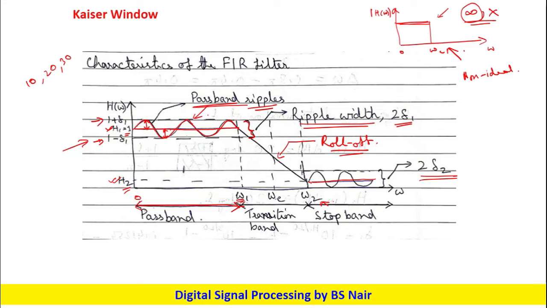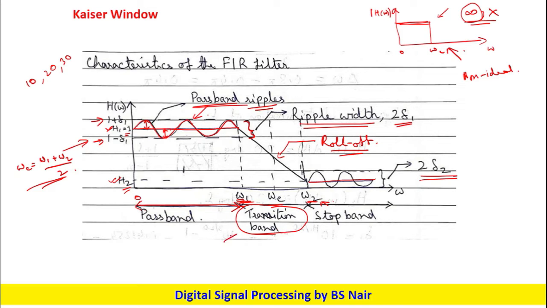Okay, and how do you find omega c? Omega c is given by omega 1 plus omega 2 divided by 2. And the frequency range in between omega 1 and omega 2 is called the transition band.